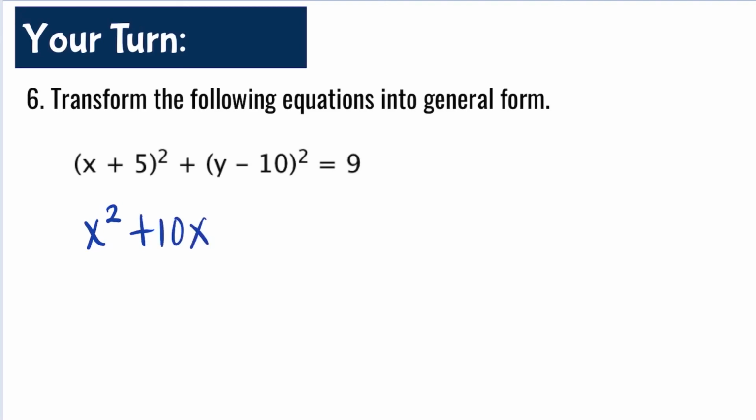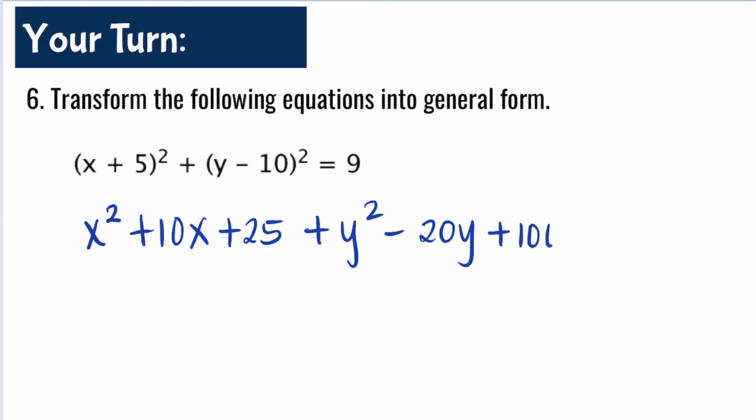Square the second term 5, that's 25. And now we will square the second binomial, y - 10. Square the first term, we have y². Multiply y and negative 10 and then double, we have minus 20y. Square the second term, negative 10, that's 100. And transfer 9 to the left, that's now minus 9 is equal to 0.